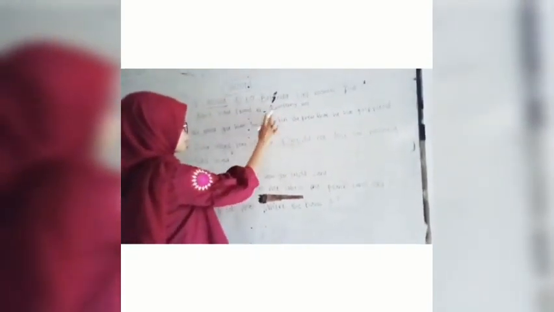Example of would is, I would go to Belanda last month, but I didn't have a friend to accompany me. This sentence is in the past because of the word didn't.